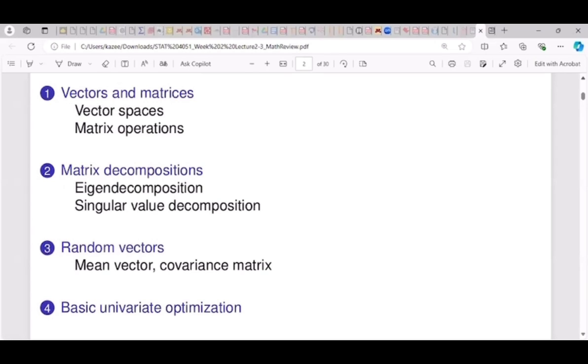I introduced to you the nature of a data set. You know, the data set is arranged in rows and columns, the same way a matrix is also arranged.